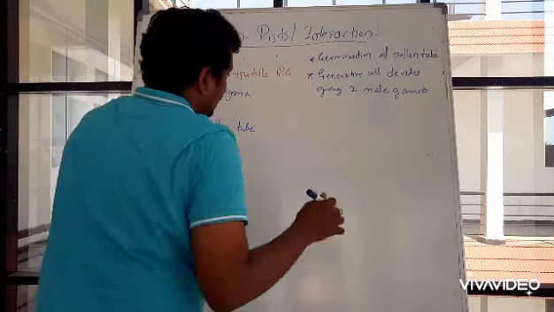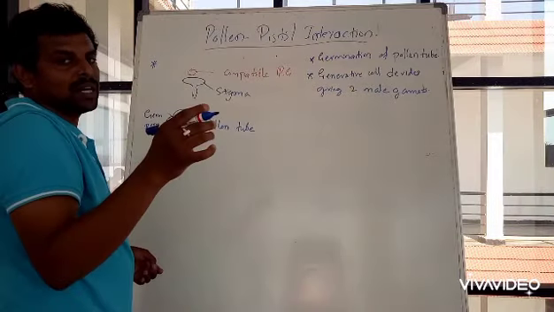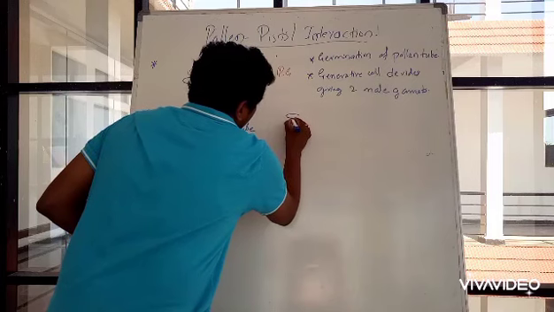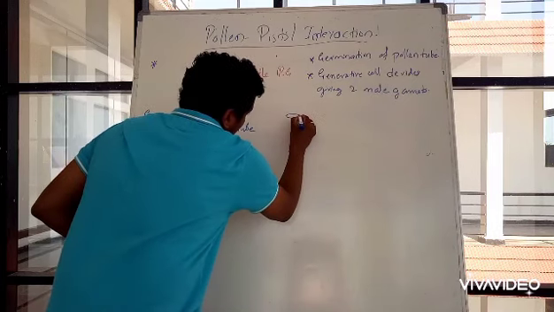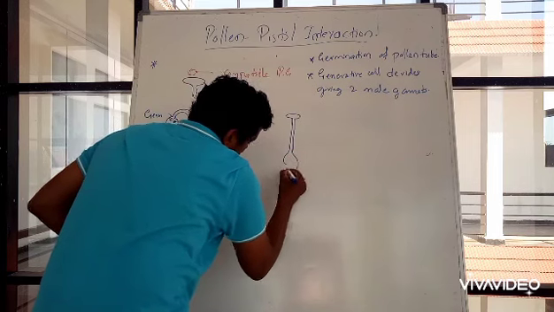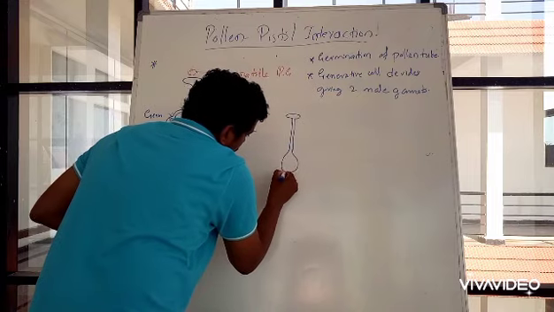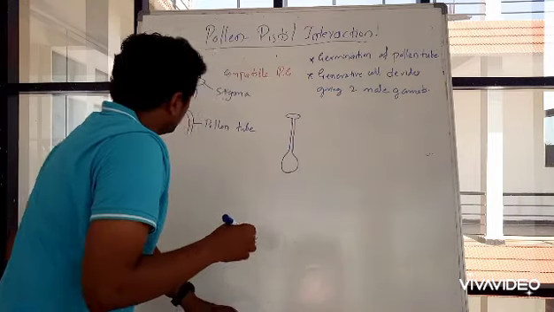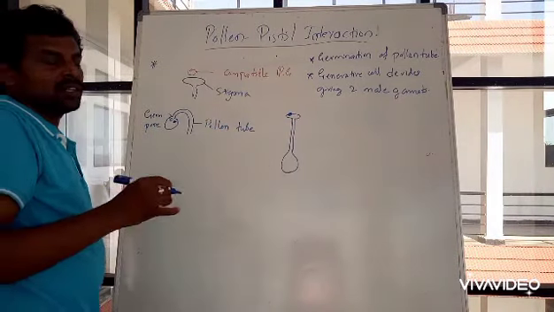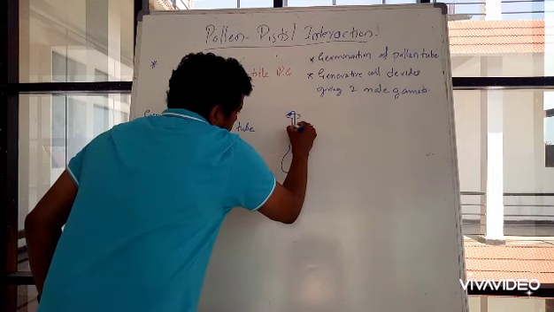Now I will try to draw the diagram of the female reproductive part, that means the pistil. This is the stigma, this is the style, and this is the ovary. The pollen has fallen here on the stigma portion. Now it has started germinating a pollen tube.